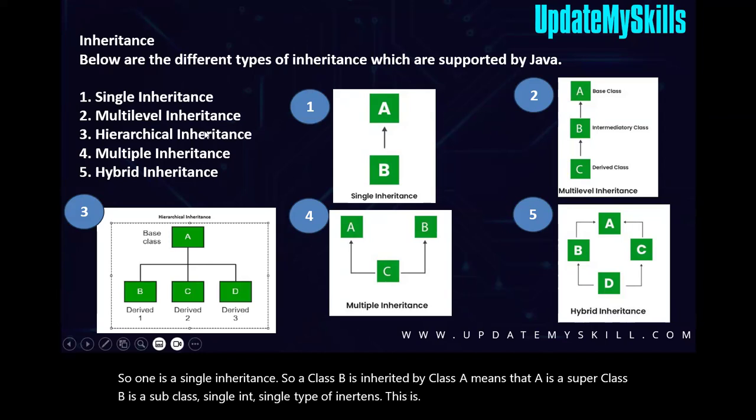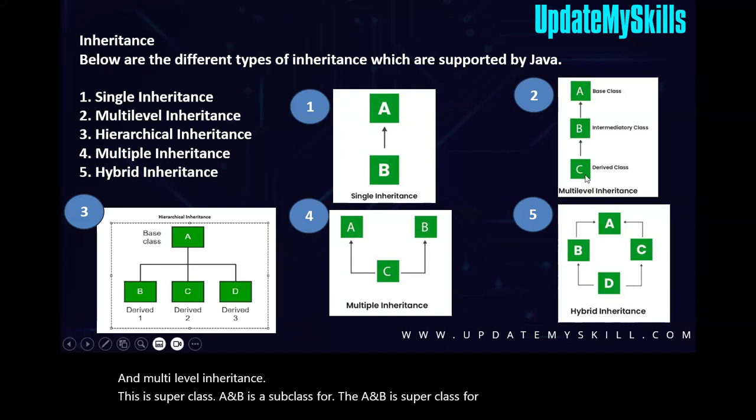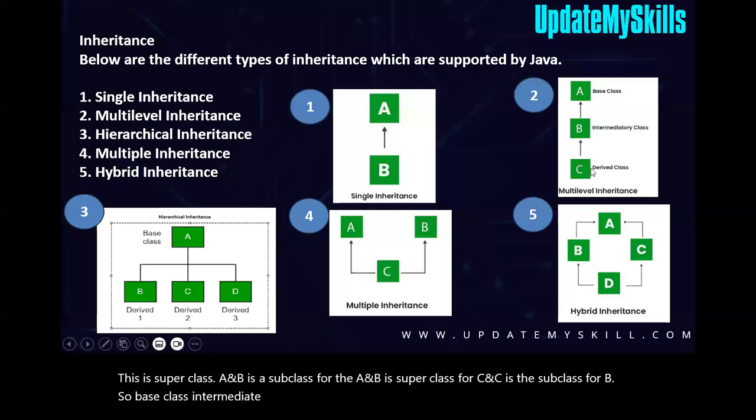And multi-level inheritance: this is superclass A, and B is a subclass of A, and B is the superclass for C, and C is the subclass for B. So base class, intermediate class, derived class, 3 levels are there. Multi-level, I can go as many as I want.